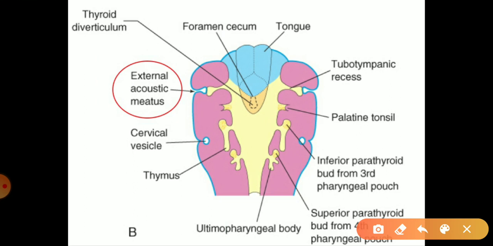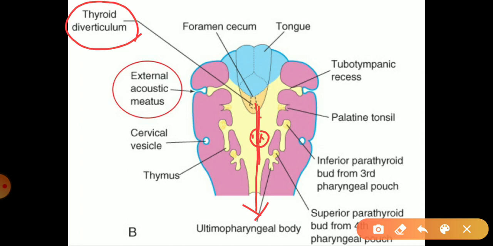Before the development of the thymus, in the previous video we discussed the thyroid diverticulum: it is formed and comes down through the thyroglossal duct to its original position. If there is some developmental defect, the thyroid gland will not come down, and that condition is called ectopic thyroid gland.